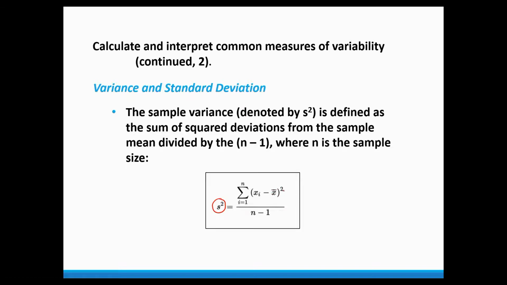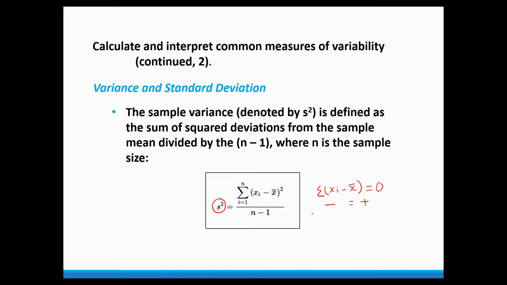Of course, we square it for the same reason, because the difference between the sample observations and their mean will equal 0, because the negative values cancel out the positive numbers.